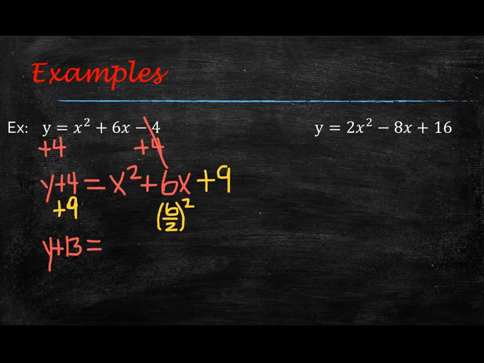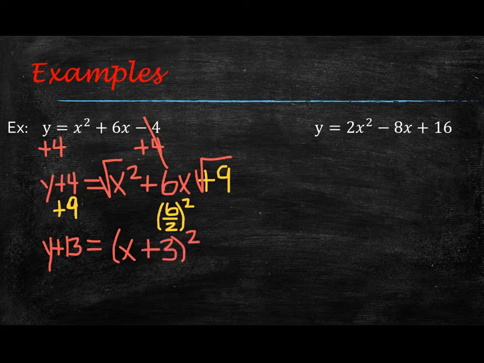equals, and here, this is now a perfect square trinomial. I can take the square root of that x squared term, and that's going to go in my first position, x, and then I can take the square root of this last term, 9, and that's 3, so x plus 3 quantity squared. Again, the whole point of completing the square is to make this a perfect square trinomial.